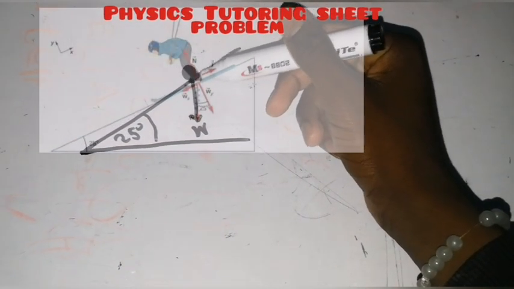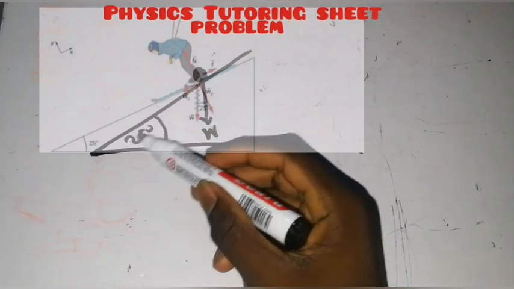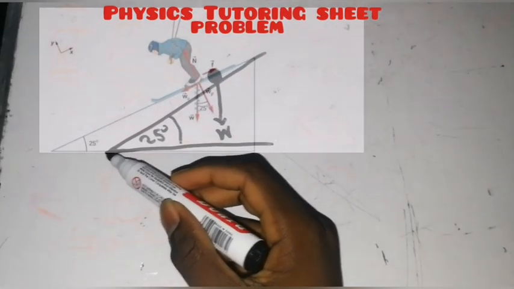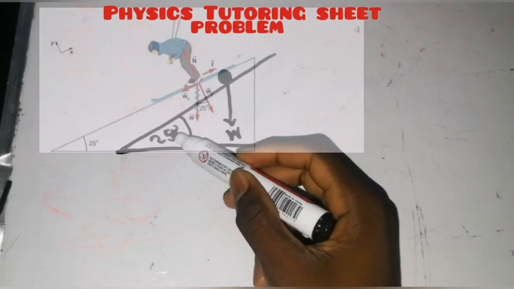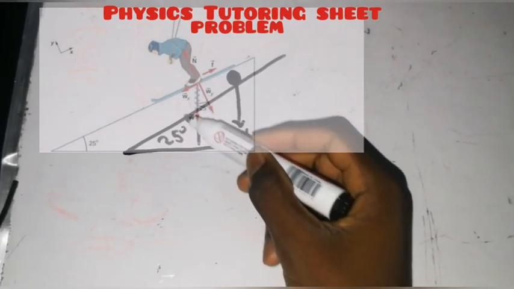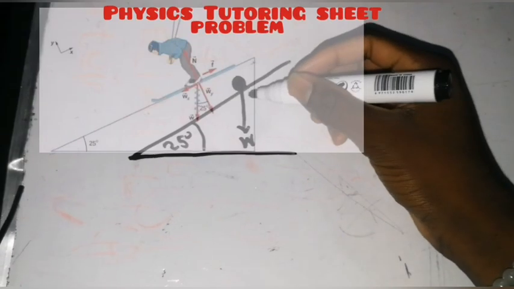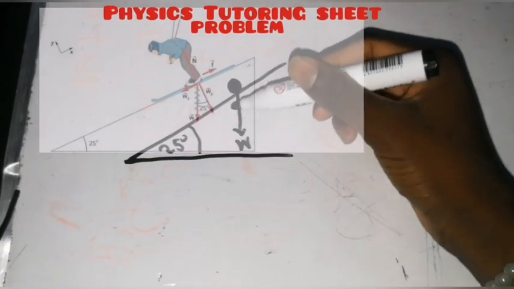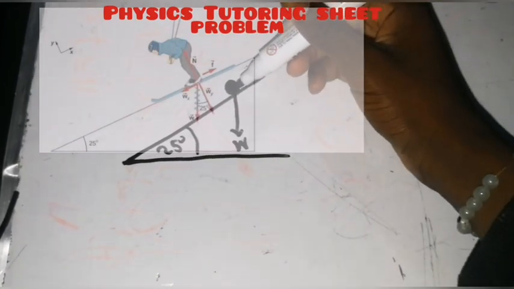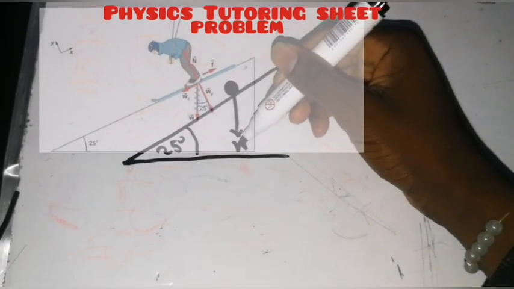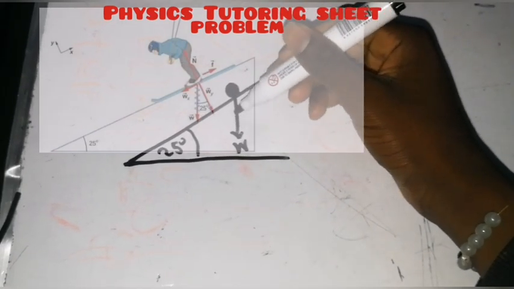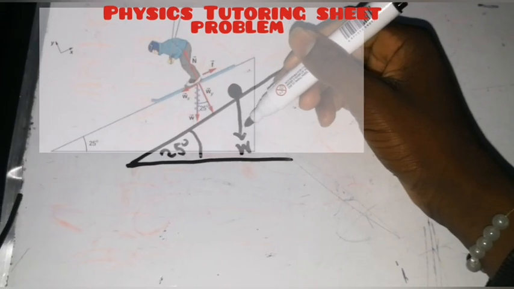So we have this skier that is sliding down this slope that is at a 25-degree inclination. You see it, right? One thing that we need to know is that whenever someone is on an incline, the weight is broken down into its components.